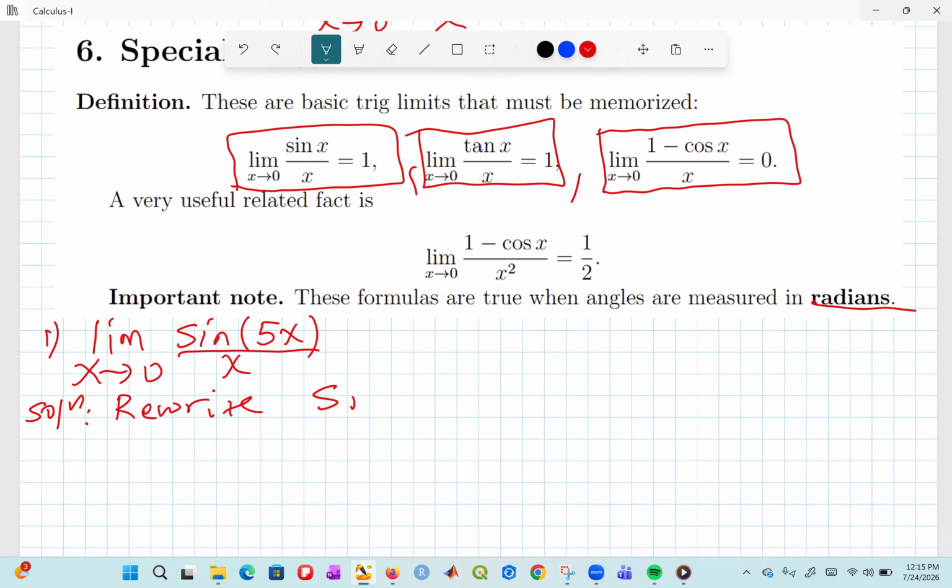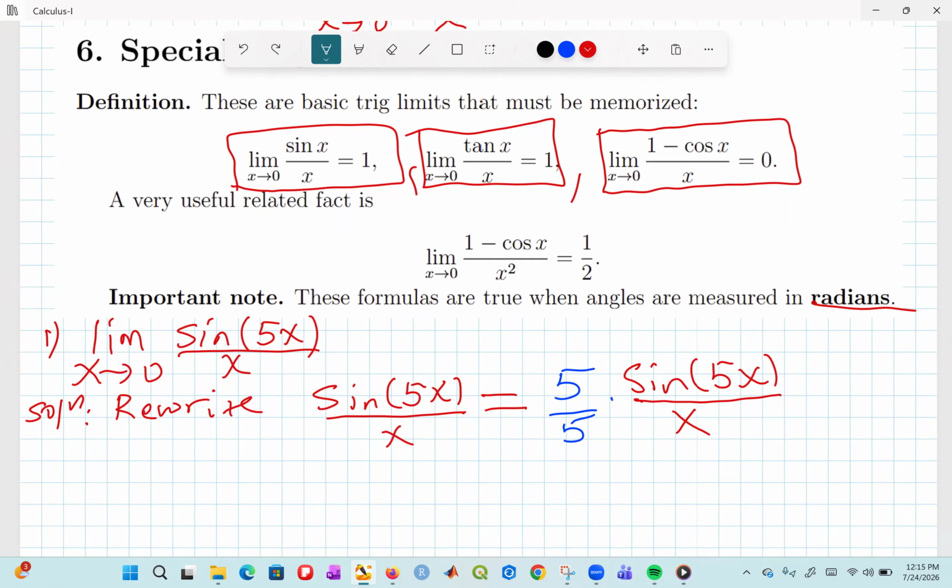Rewrite sine of 5x over x as 5 over 5 times sine of 5x over x, which is the same as 5 times sine of 5x over 5x.